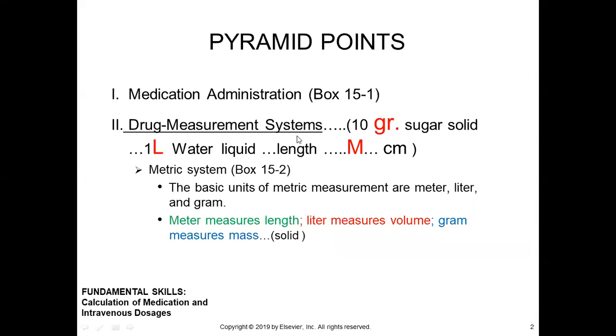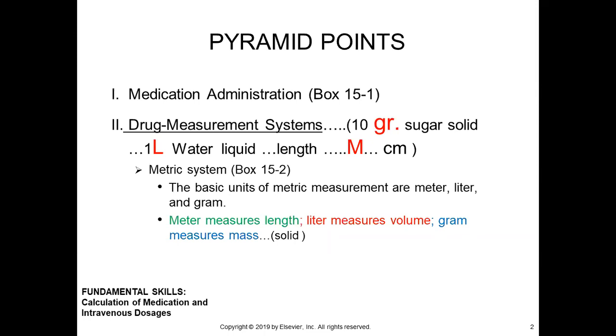liter, meter, or centimeter. So gram are the unit for any solute, like 10 gram sugar. It is a solute, right?